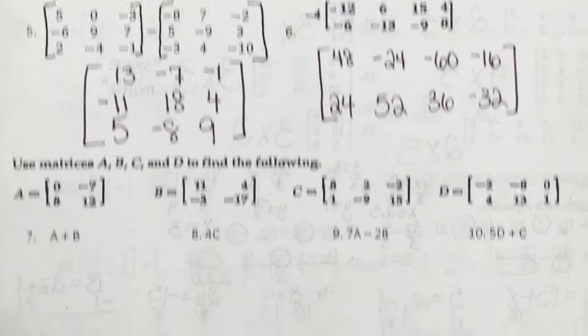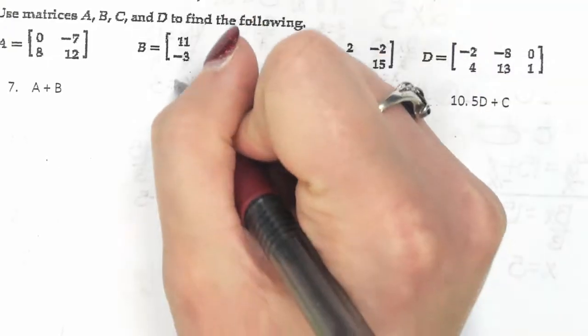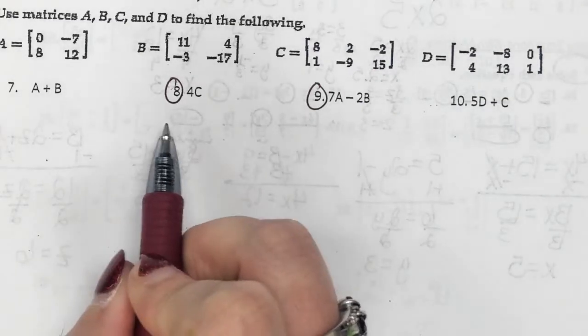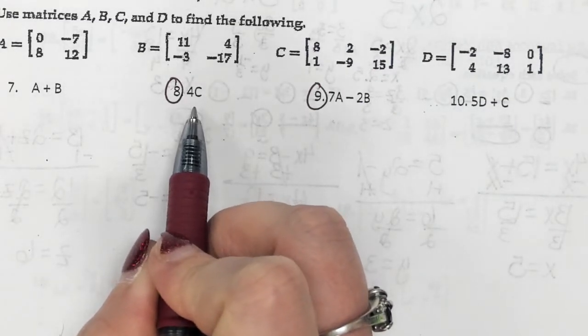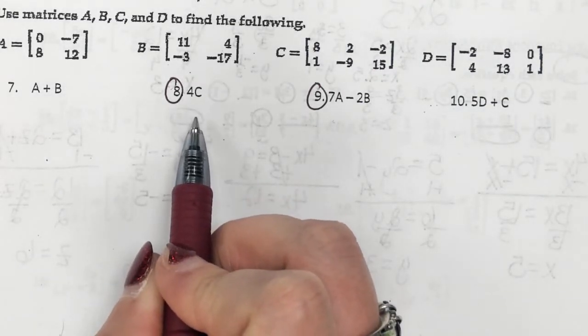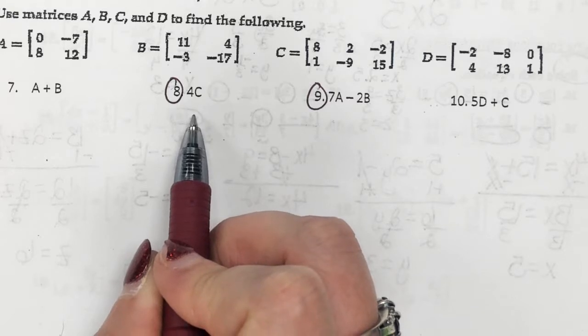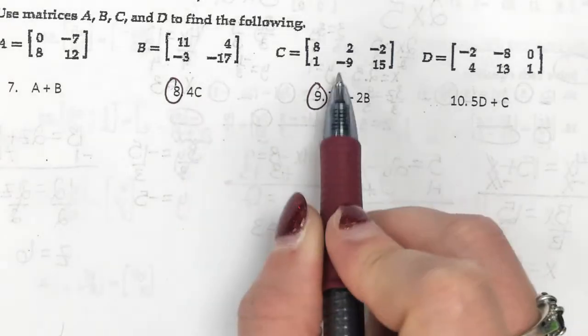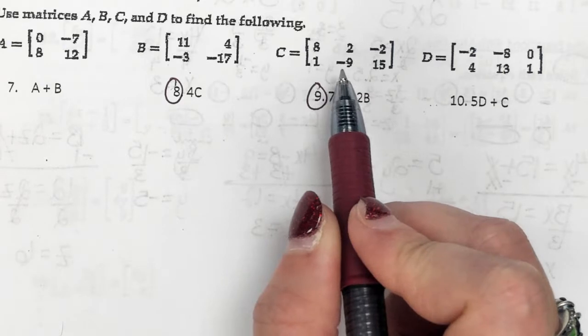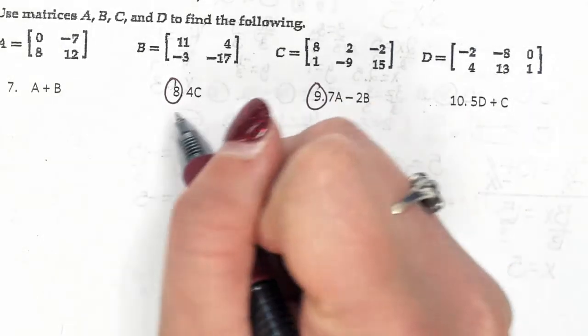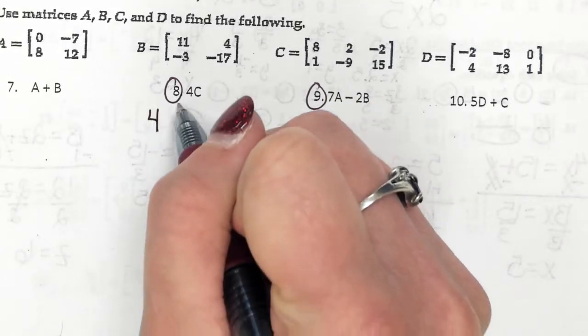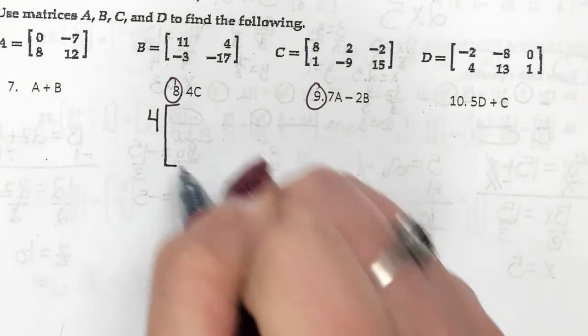All right, here we go. We're going to do 8 and 9 together. So what does it take to do right here? What's 4C mean? There you go. Multiply 4 by matrix C that they gave you right here. Now look, guys, this is your notes, okay? So you might want to write this down so that when you're doing your homework tonight, you see what happened, okay?